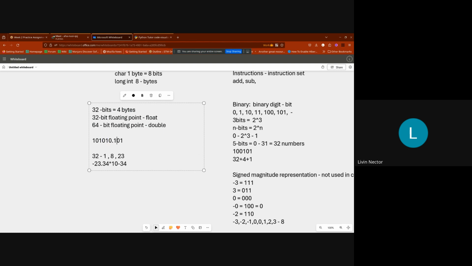Similarly, we use 2 power minus 1, 2 power minus 2, 2 power minus 3, which is 1 by 2, 1 by 4 and 1 by 8. We add up those parts. So here it will add up to 2 power 1 plus 1 by 2 plus 1 by 8. What is 1 by 2? 0.5. What is 1 by 8?